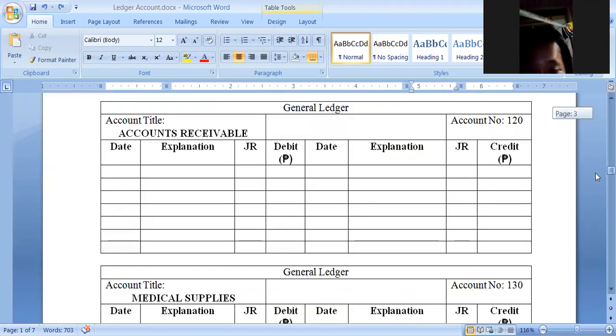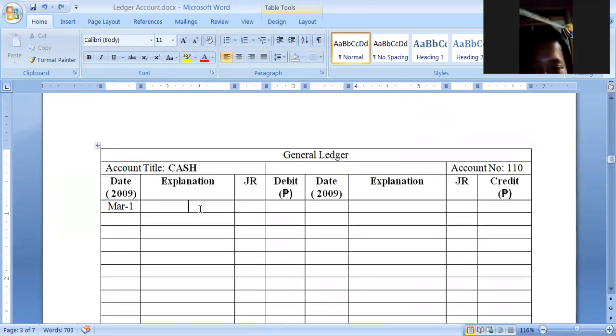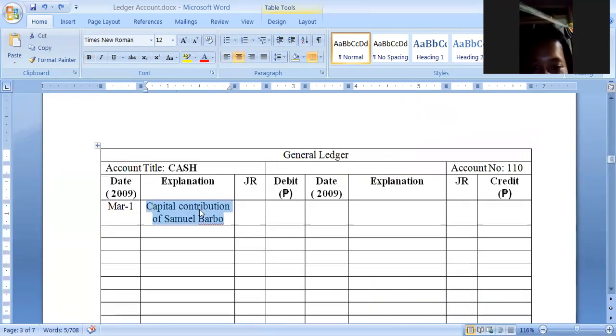So let's go back to ledger account. Capital contribution of Samuel Babrbo, general journal page number 1, 42,500 debit.